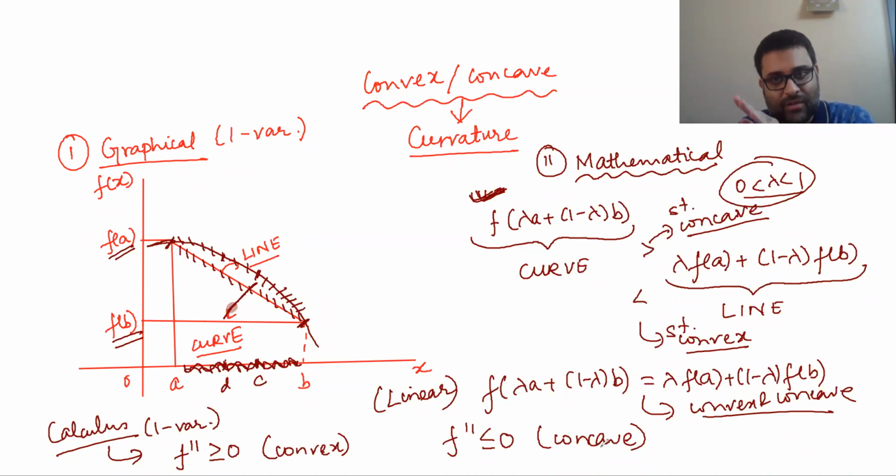Less than or equal to 0 will mean concave. And strict inequality will mean strictly convex and strictly concave. Okay. Clear?